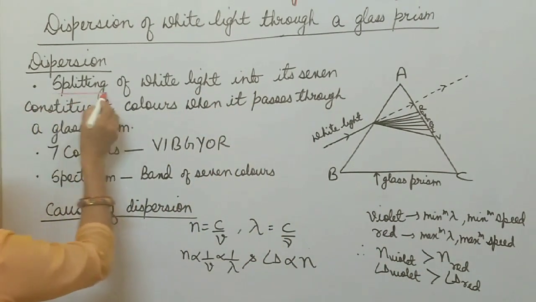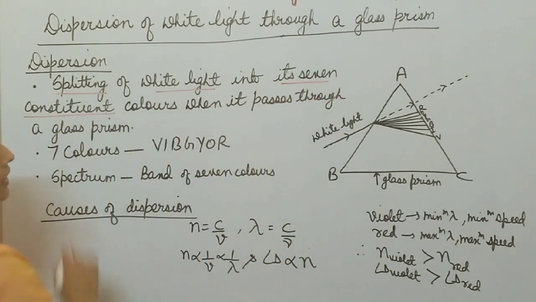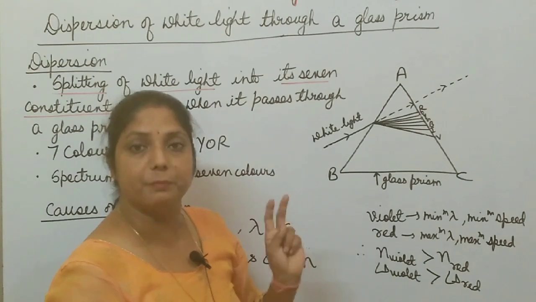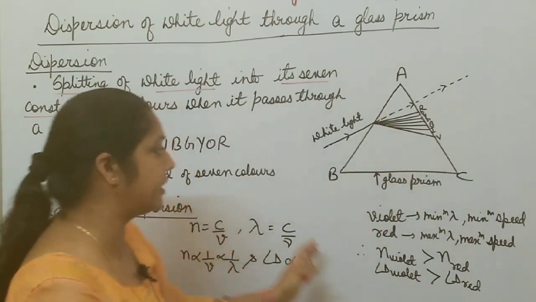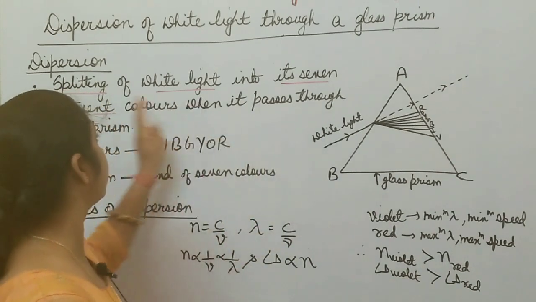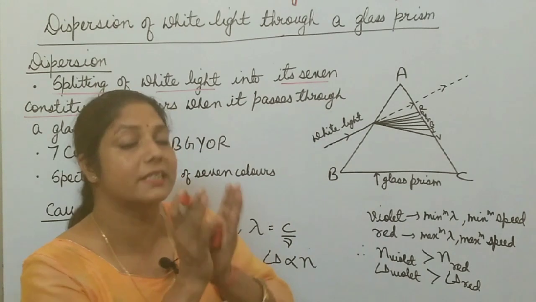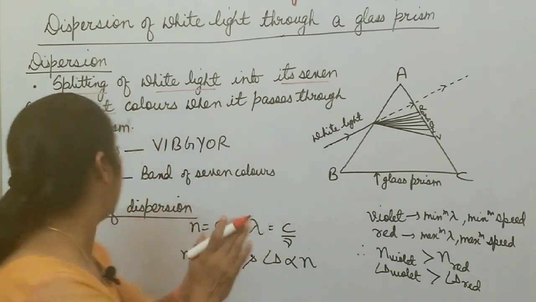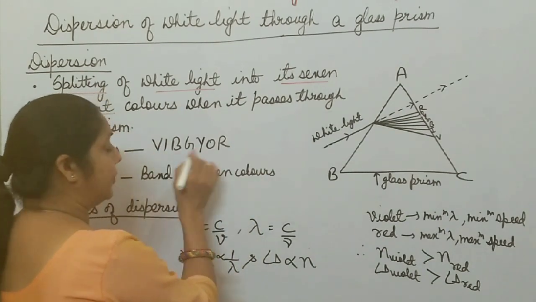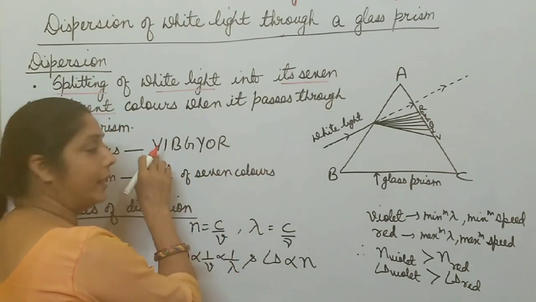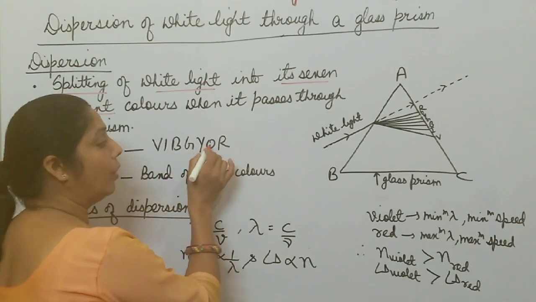Dispersion is the splitting of white light into its 7 constituent colors when it passes through a prism. Now, why does this splitting take place? We will discuss it later on, but here this process is called dispersion, the splitting of white light into its 7 constituent colors, and those 7 colors are nothing but VIBGYOR. I have written here VIBGYOR: V for violet, indigo, blue, green, yellow, orange and red.